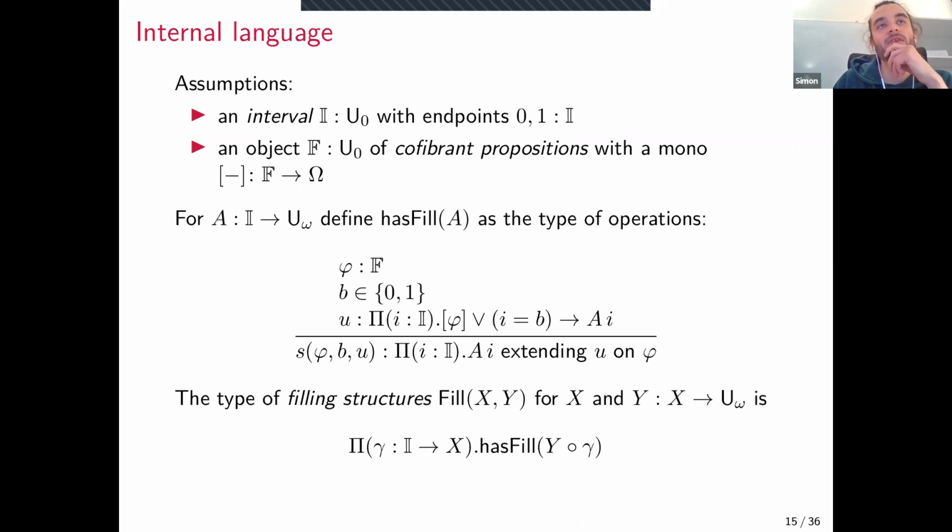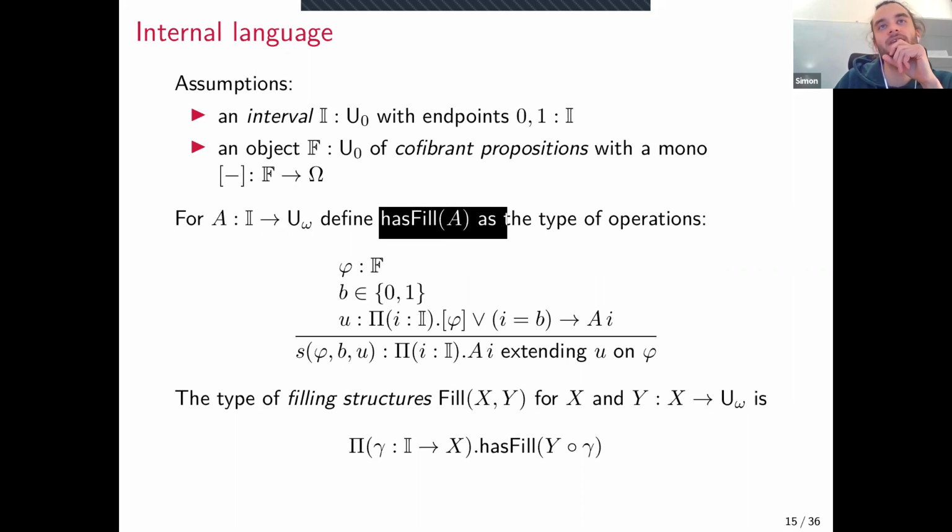Now I can talk about paths. I have this interval, and a function from I to the largest universe, U omega, which is really there to talk about big types. Given such a path in U omega, we can define the type of filling structures on this path.